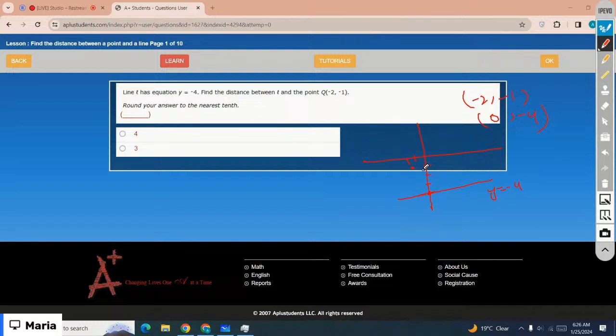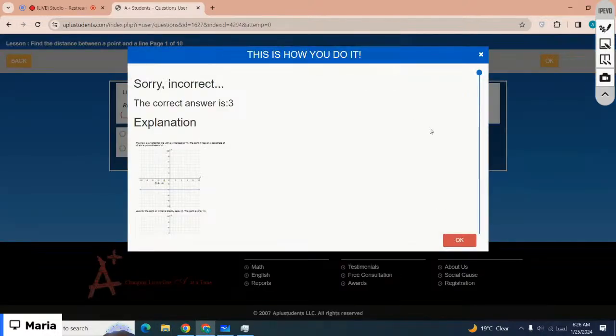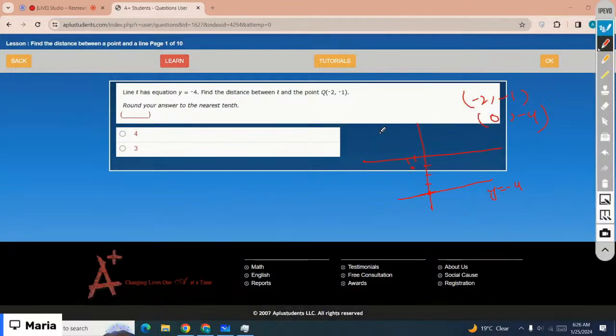Okay, the distance from here to this point is 1, 2, 3. So the distance between the point and the line is 3. The correct option is 3. Got it?